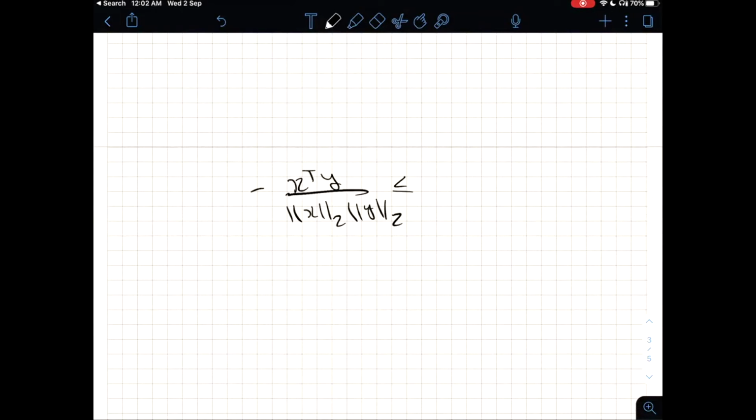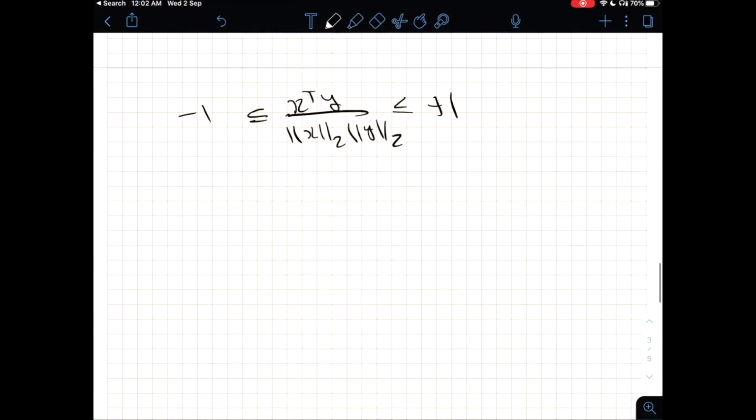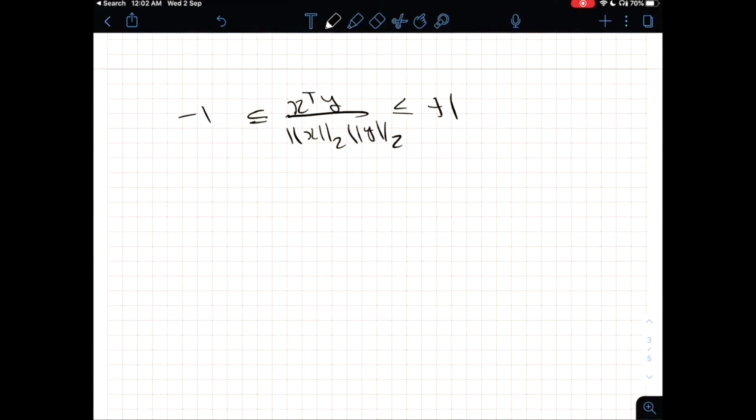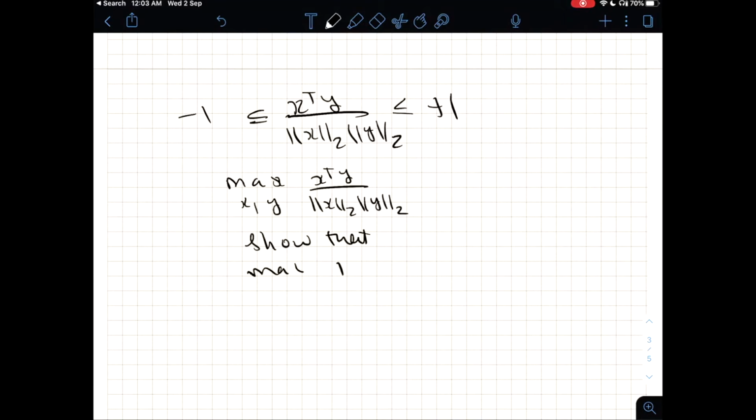Now I want to say two things before I prove. It has to be less than or equal to plus 1. So I could think of an optimization problem over this and show that the max is plus 1.